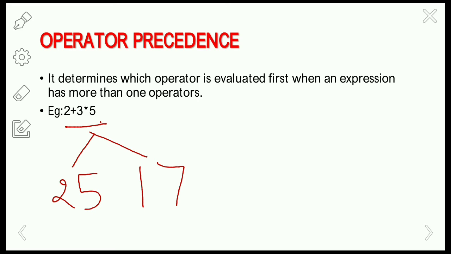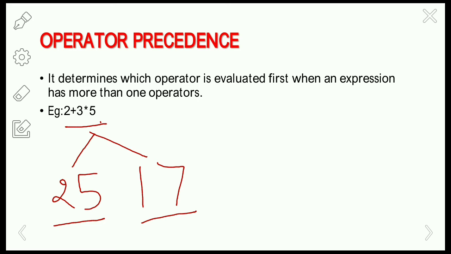So it gives two answers. If you first evaluate the addition operation, it gives one answer, and if you evaluate the multiplication operation first, it gives the other. The same expression is giving two different answers, so this is ambiguous. That's why operator precedence plays a key role here.